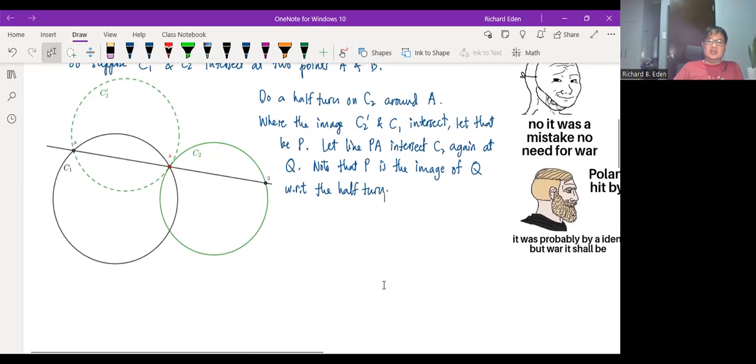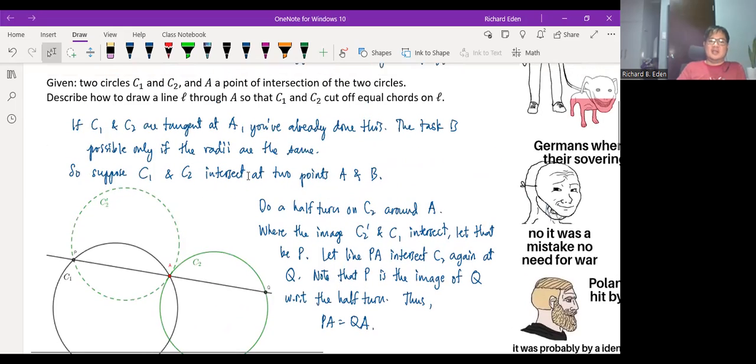So under a half turn, the image of a segment is a congruent parallel segment. Thus, because P is the image of Q, we have PA equals QA. That's what we're after.